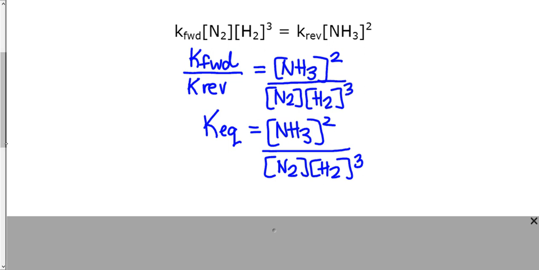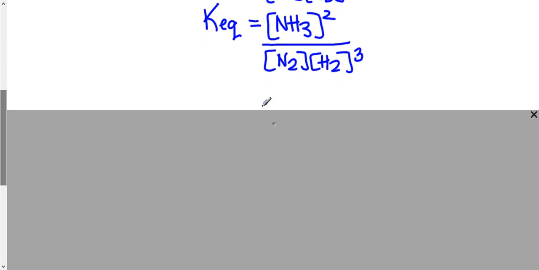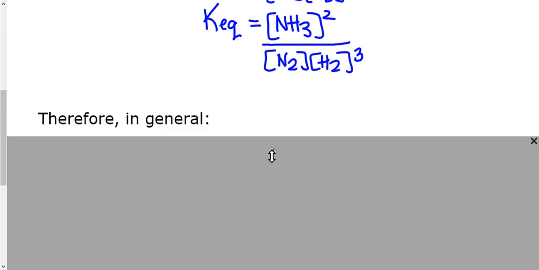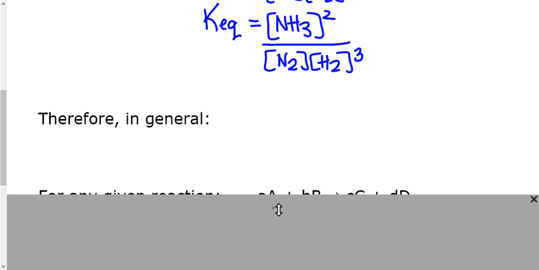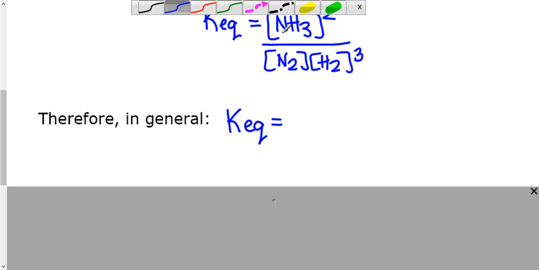So, in general, now that we know how this is derived from a specific reaction, we can come up with a general expression for equilibrium. Anytime you have an equilibrium constant, it's going to be a combination of your products, which sit on the top.